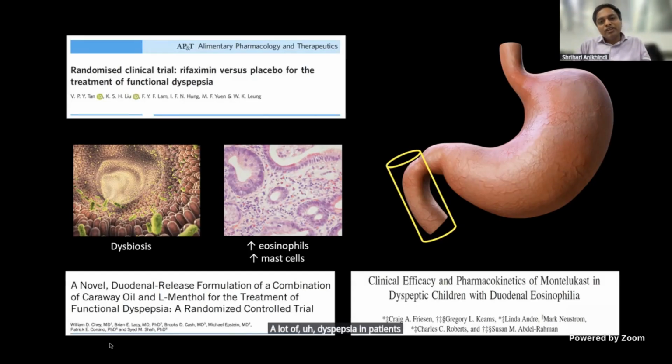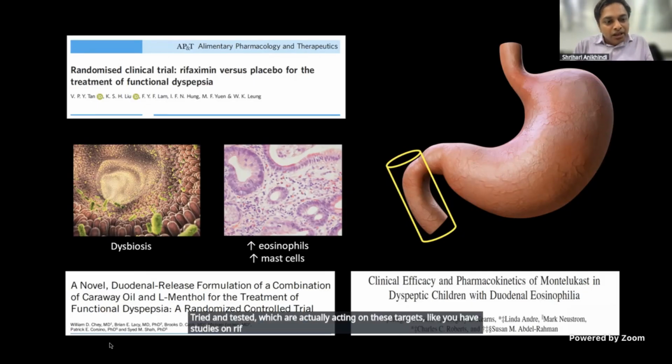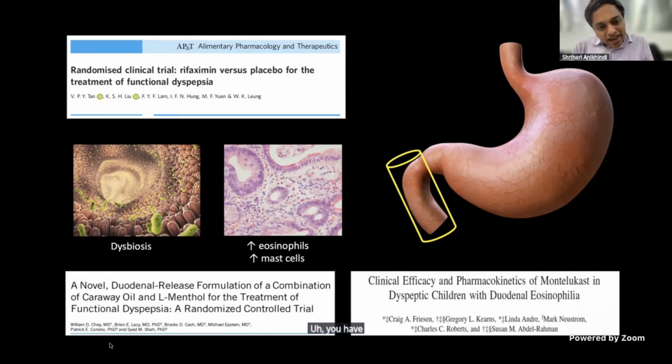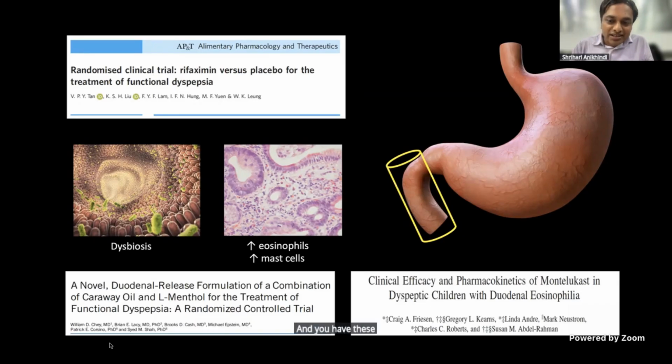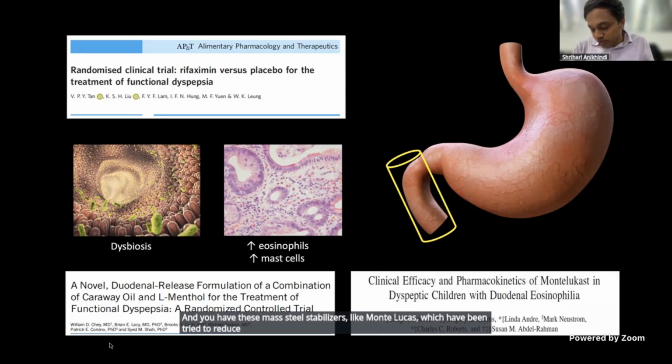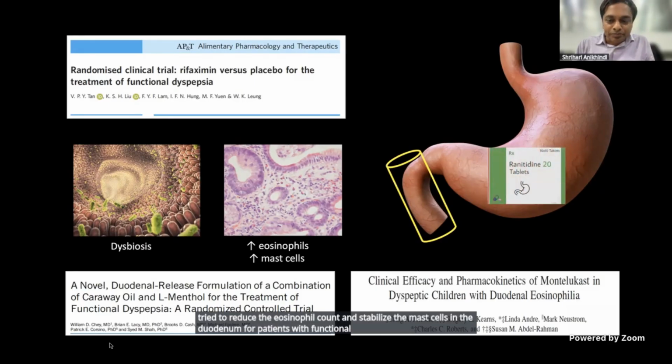So now you have different agents which have been tried and tested, which are actually acting on these targets. Like you have studies on rifaximin. You have L-menthol, which acts as a soothing agent, working on the duodenum. And you have mast cell stabilizers like Montelukast, which have been tried to reduce the eosinophil count and stabilize the mast cells in the duodenum for patients with functional dyspepsia.